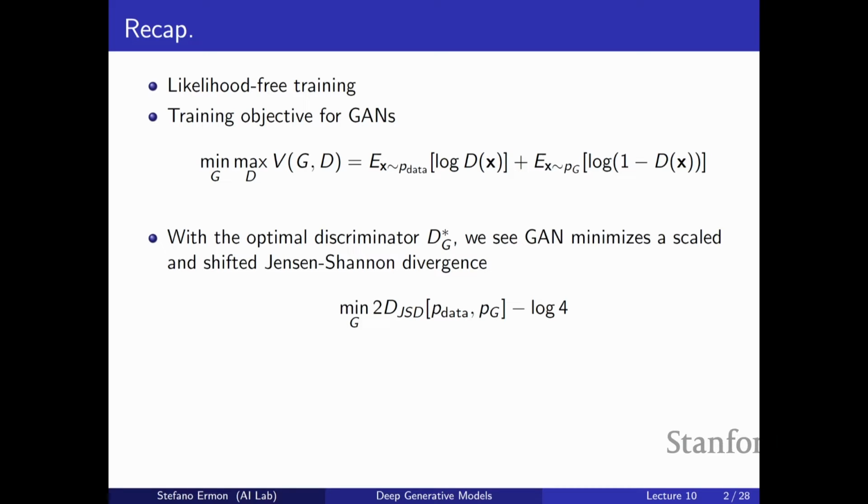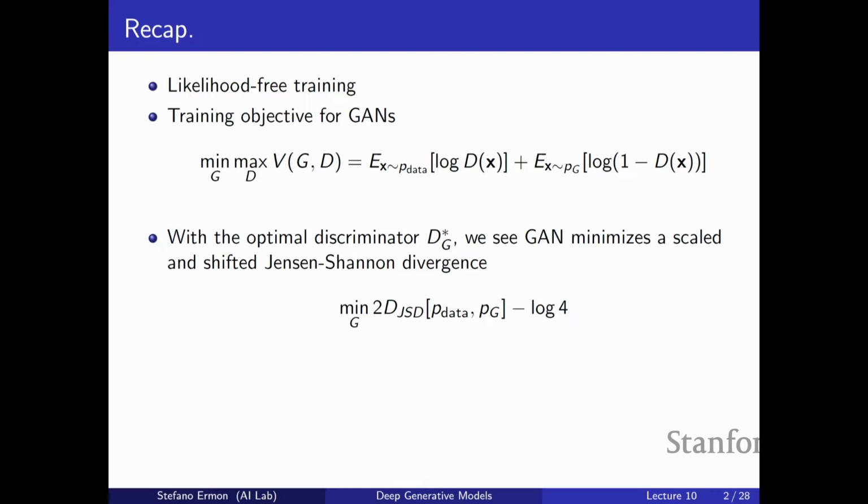We've seen that under some assumptions, if you assume that somehow you are able to compute the optimal discriminator, recall that the optimal discriminator is giving you density ratios. If you plug that optimal discriminator into this loss function, you get a mixture of two types of KL divergences.